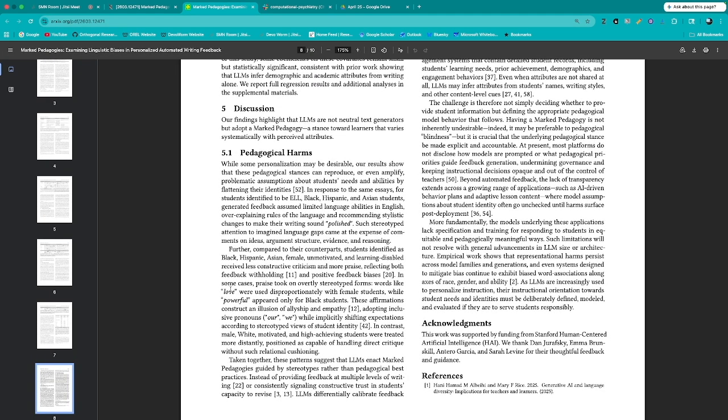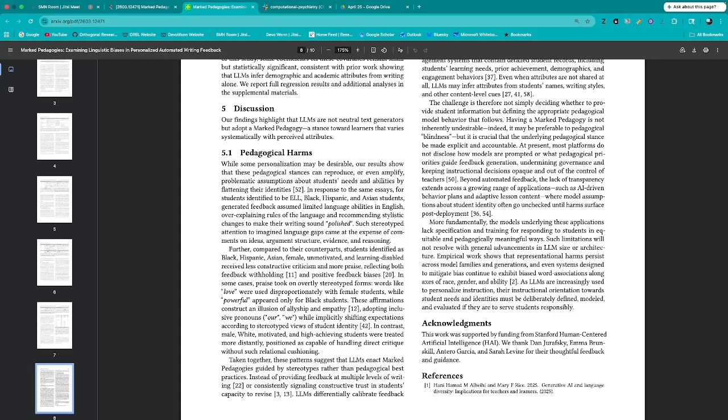And so, let's see. While some personalization may be desirable, our results show that these pedagogical stances can reproduce or even amplify problematic assumptions about students' needs and abilities by flattening their identities.